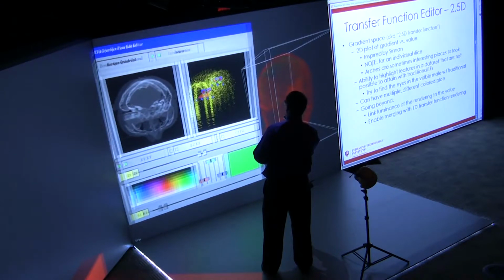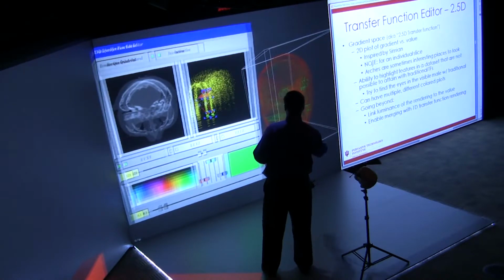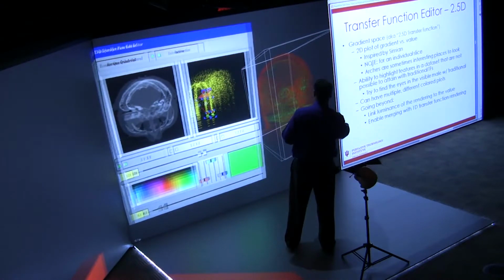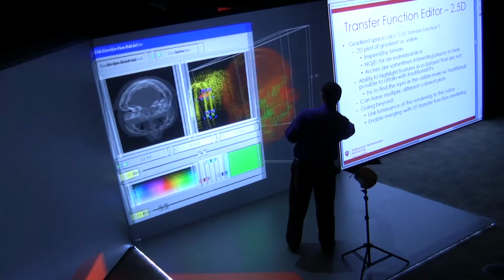So this is where I feel there's still some work that could be done with the user interface. Again, we can scout the data with this other color. There we can see the brain a little bit, and the eyeballs really show well here. Whereas with the standard transfer function editor, I think it's harder to find. Maybe you can come up and try it yourselves and see if you can find that.